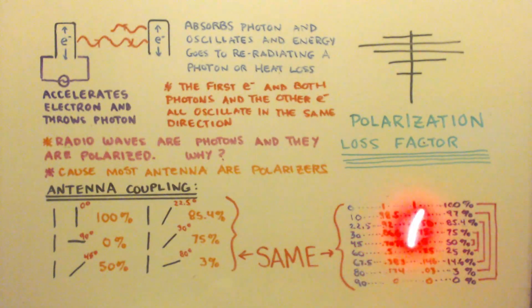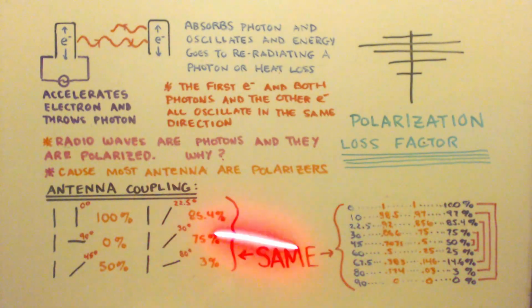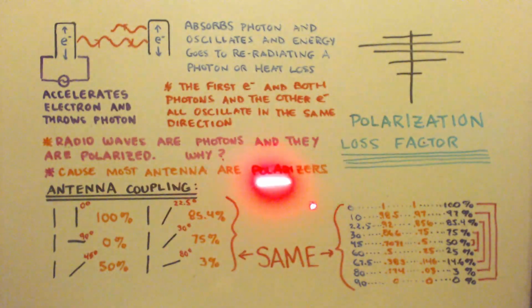Just like over here. This is all what we had last time on the polarizers that were plastic. Same here: 22.5 degrees, 30 degrees, 80 degrees. All these percentages are the same. Do you know why? Oh my God, because they're polarizers.